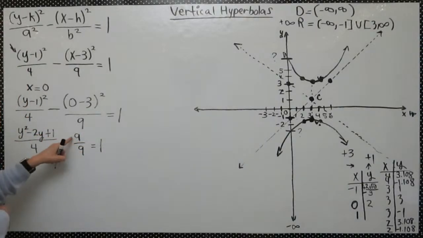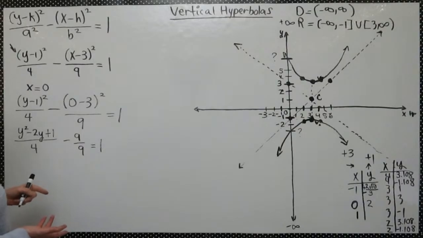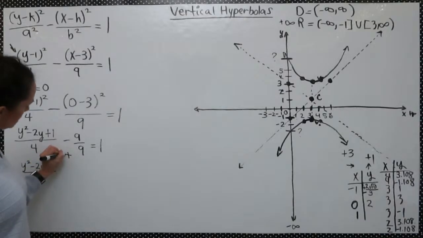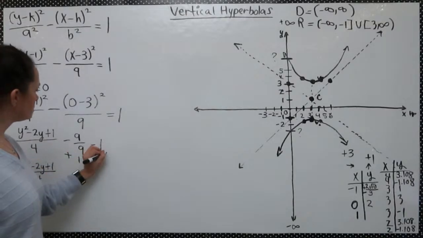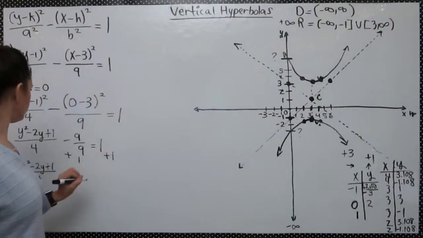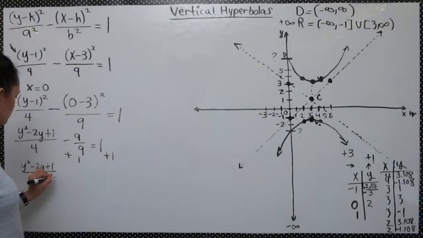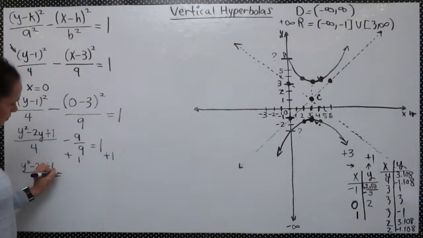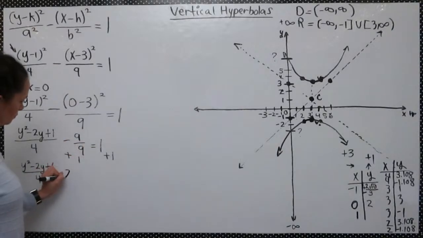Anything divided by itself is equal to 1. So you'll end up with y squared minus 2y plus 1 over 4. Then we're going to add the quantity 1 to both sides, plus 1, and that gives us this expression, and that equals 2.